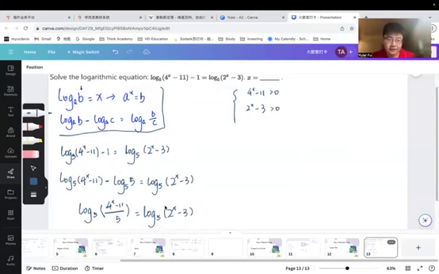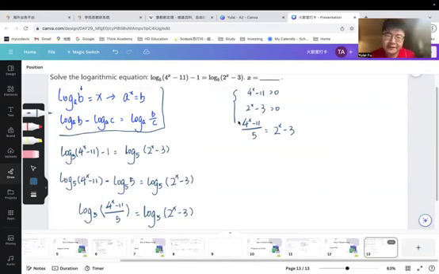After we cancel the log, because they all have the same log base, we get this expression over 5 equals this one minus 3. So these are the two inequalities and one equation we can get.